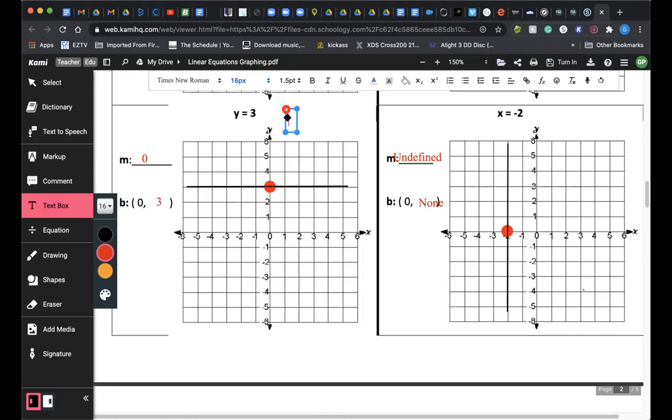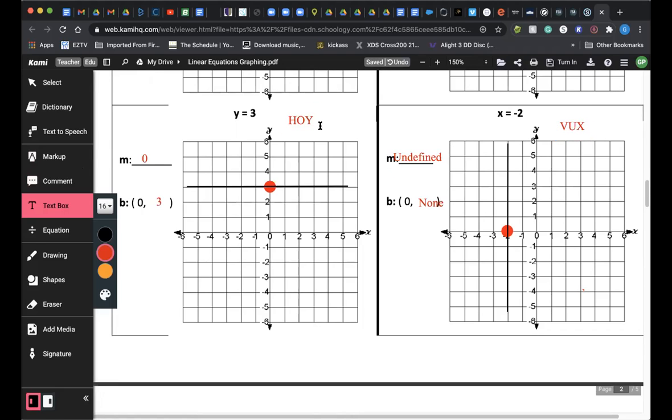All right, there's a way to remember this. All right, so this is the acronym, right, to help you remember: horizontal 0 y equals, right?